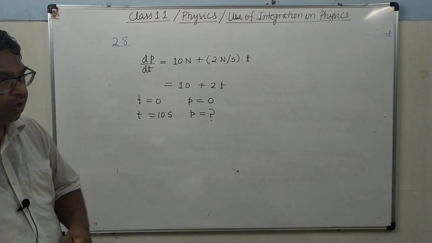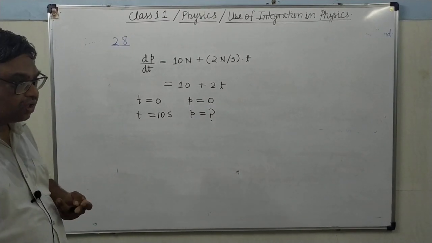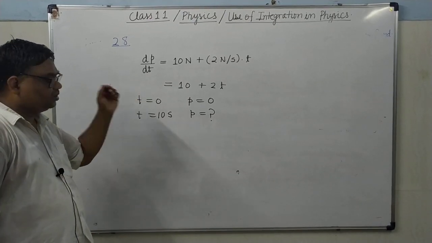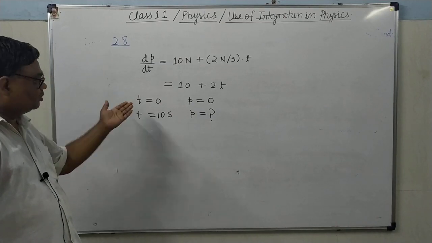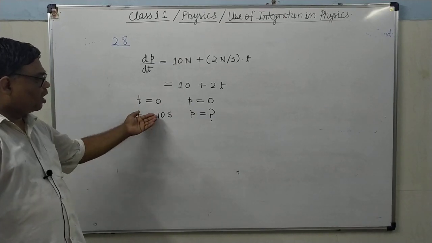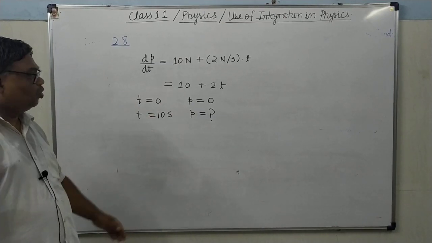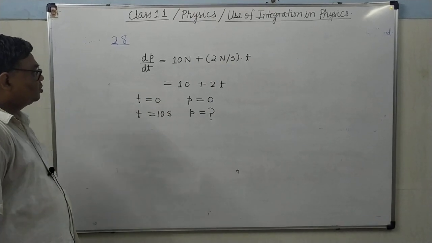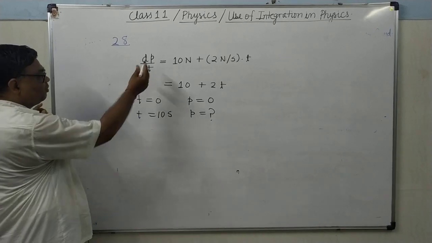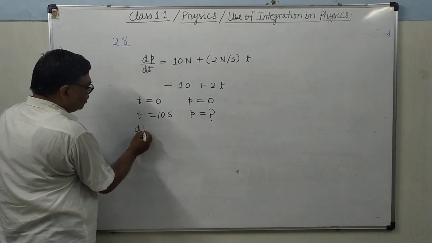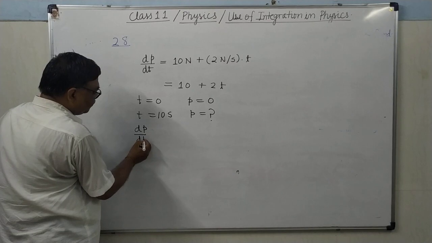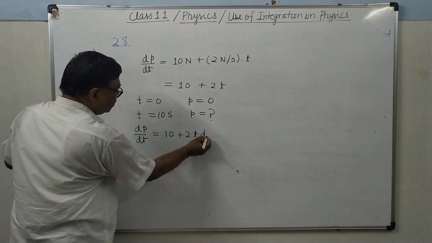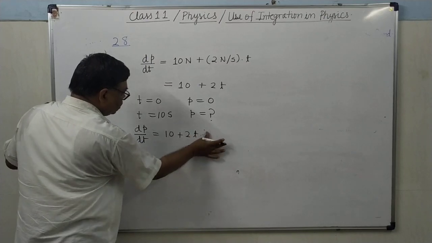Is it clear? Now the smaller value is taken as the lower limit, the bigger value as the upper limit. So the lower limit of time is 0, the upper limit of time is 10. The lower limit of momentum is 0, the upper limit is p. So see here, how will you find it? As you can see, dp upon dt equals 10 plus 2t.